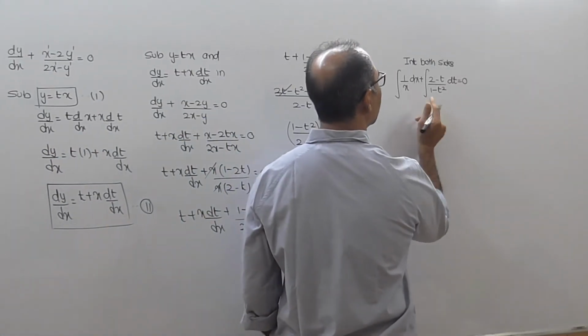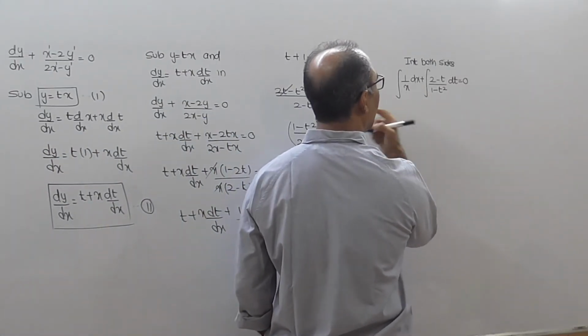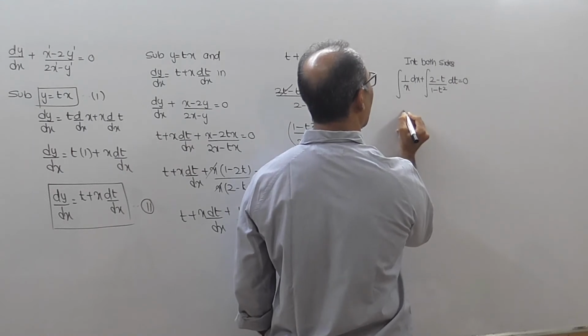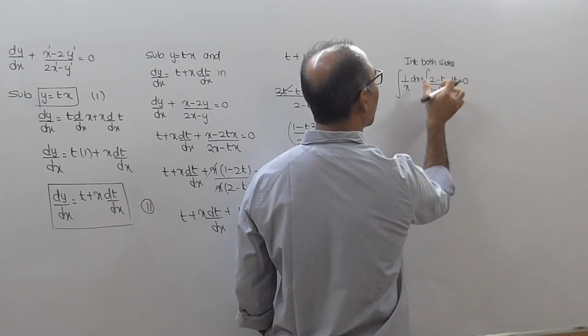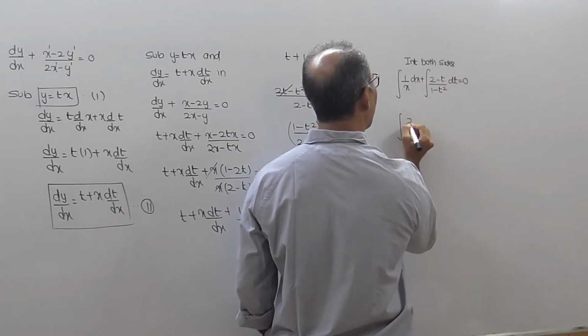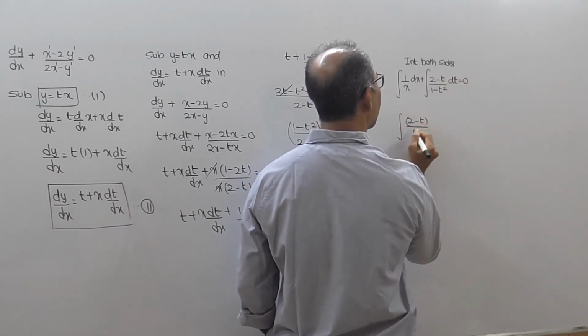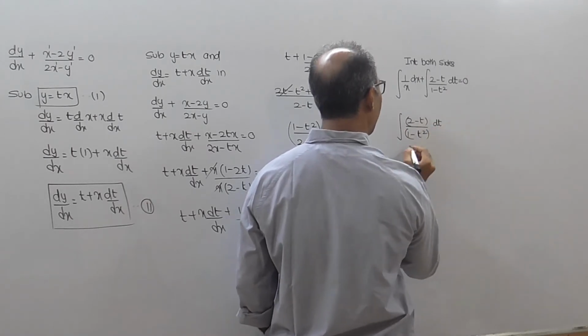This has to be done by using the concept of partial fraction. There is no direct integration for this. So what I will do is I'll solve the entire integration of this separately and then I'll roll back in the question. So we can go for integration of (2 minus t) upon (1 minus t square) dt.